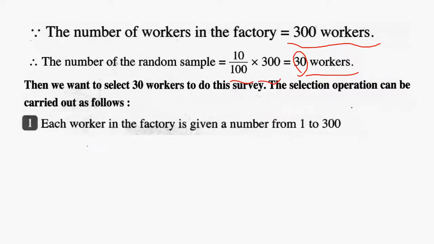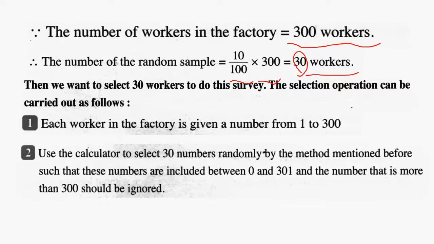The selection operation can be carried out as follows. Each worker in the factory is given a number from 1 to 300. Then we choose randomly. The second way, by using the calculator, we will select 30 numbers randomly by the random function of your scientific calculator, using the method we mentioned before, such that these numbers are included between 0 and 301, and any number that is more than 300 should be ignored.